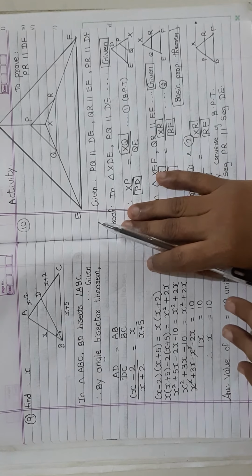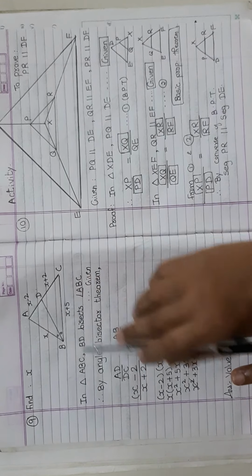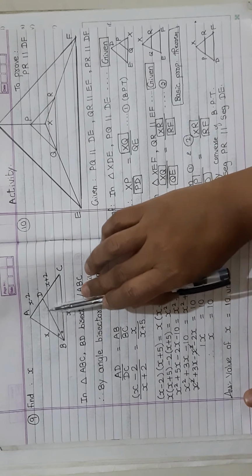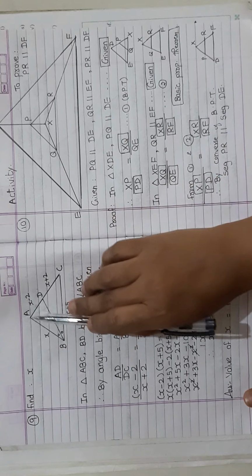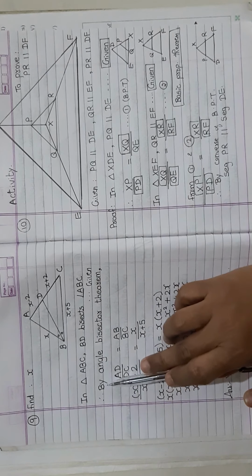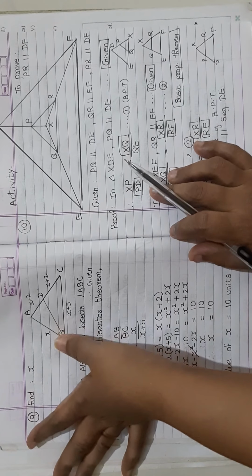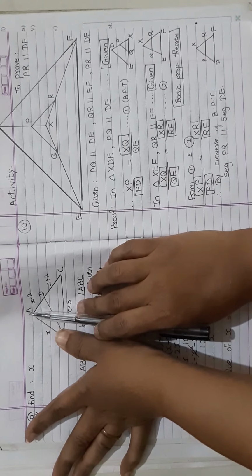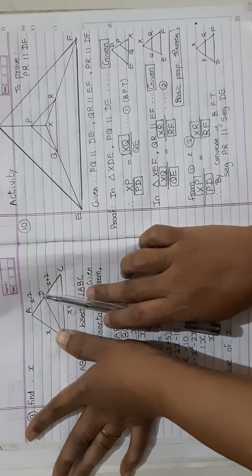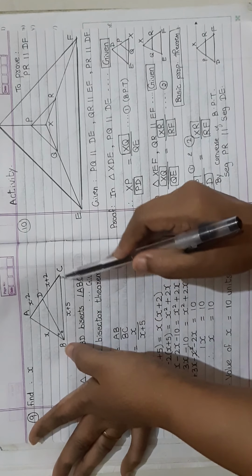Before applying, first we should state that this is a bisector. It should be written. So in triangle ABC, BD is the bisector of angle ABC. That is given. So we are going to apply the angle bisector theorem. Again I said, you can close this alphabet B, either start from A or start from C. If I start from A, I get AD upon DC is equal to AB upon BC.